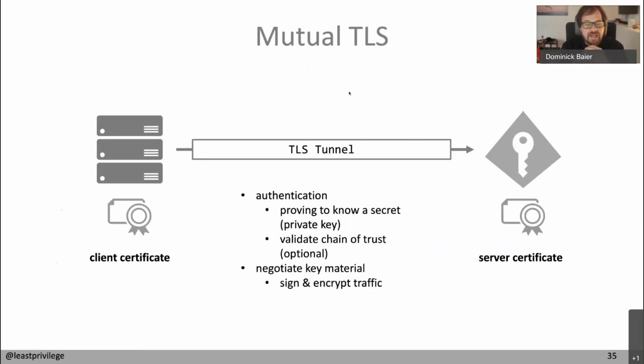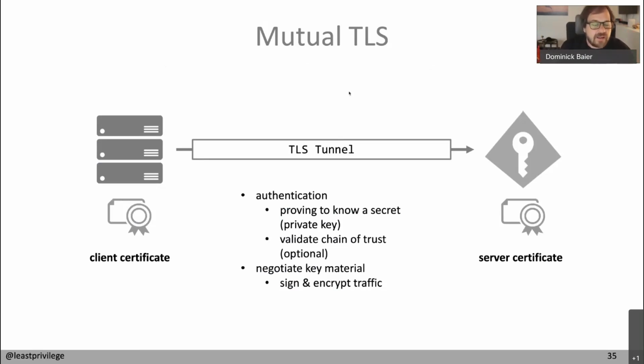If you employ certificates on both ends of the TLS tunnel, you can authenticate both sides. In essence, what that means is that both sides can prove they know a secret. Once both sides are happy with the other one saying, I know the secret, and that's how I prove it to you, we can be very sure that we know the identity of each other.